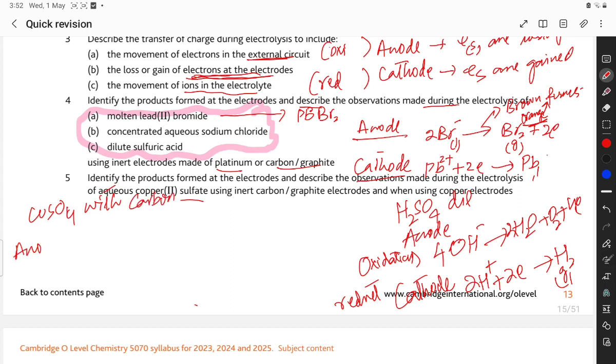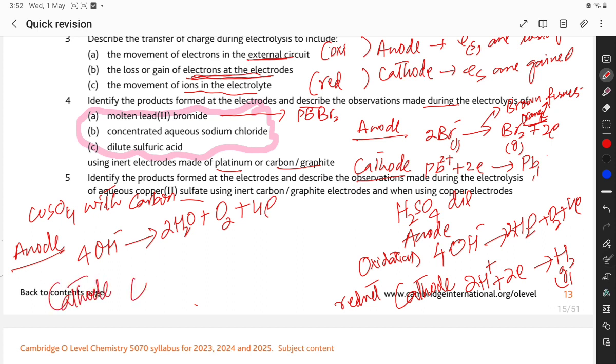Anode reaction is 4OH negative ion to form 2H2O plus O2 plus 4 electron, and cathode reaction is Cu2 positive plus 2 electron to form copper solid. Cathode mass increases because copper is deposited at the electrode.